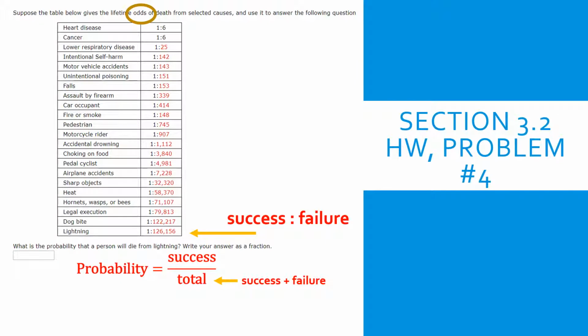All right, so just add up the denominator. And there's our probability, 1 over 126,157.